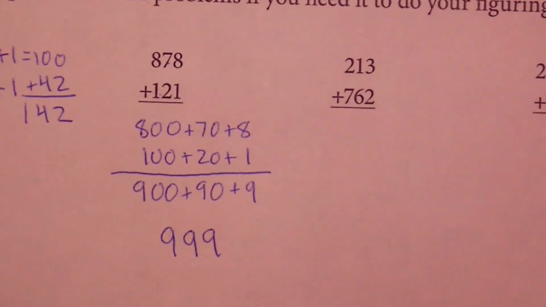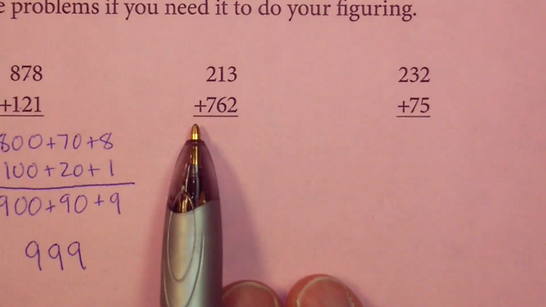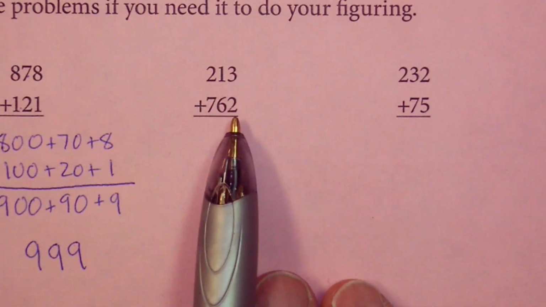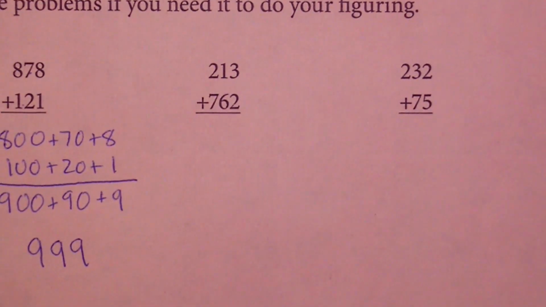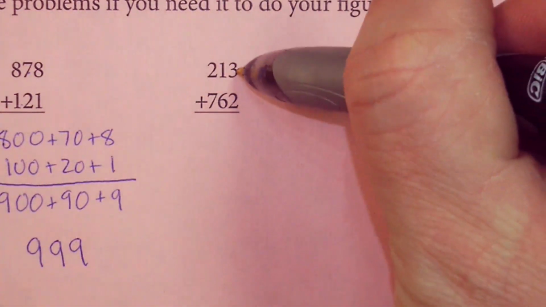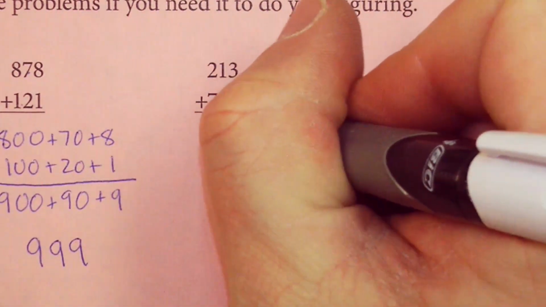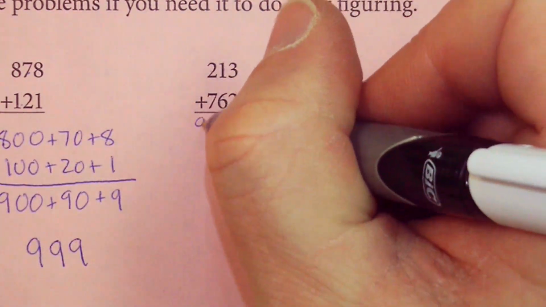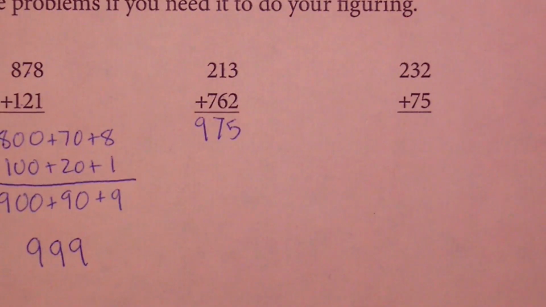All right, then I see this one over here and I go, oh gosh, 213, that doesn't round very well. 262, that doesn't round very well. So maybe I just want to use the standard algorithm for addition, and I add 3 plus 2 and I get 5. 1 plus 6, 7. 2 plus 7 is 9. Sorry about that.